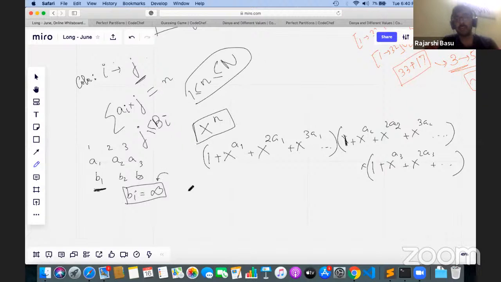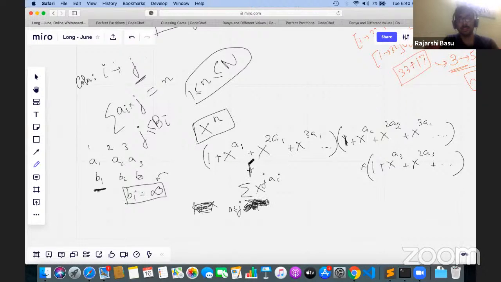Why we are trying to do that is, if the b_i's had some upper bound, then it would essentially have been like this: 1 plus x to the, rather let me denote this as a summation, x to the j a_i, for j up to whatever, you can have up till infinity. So there is no condition here.